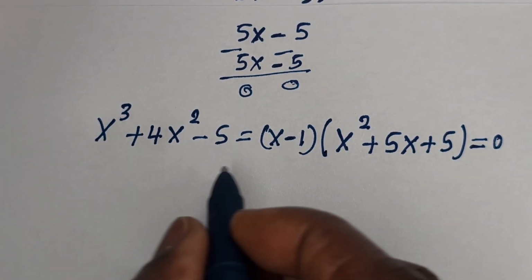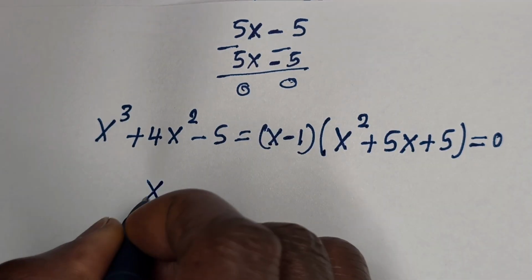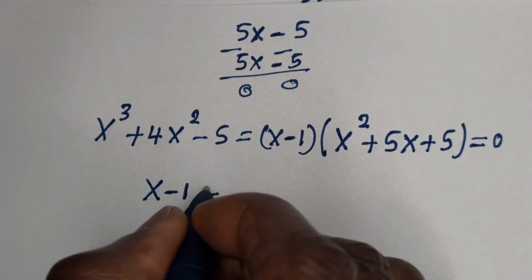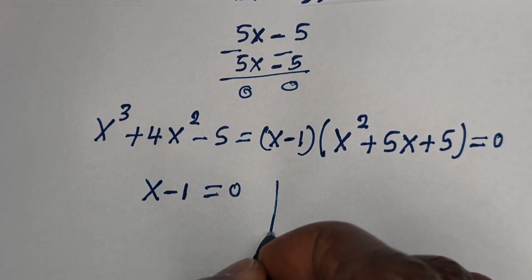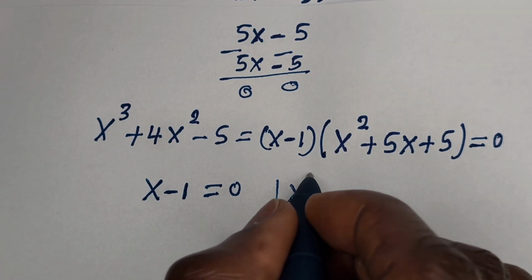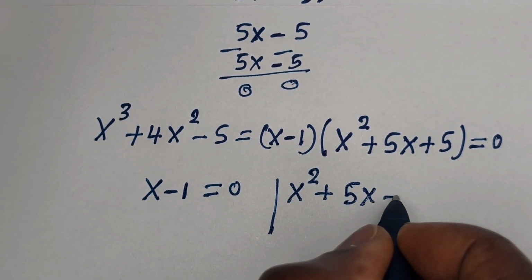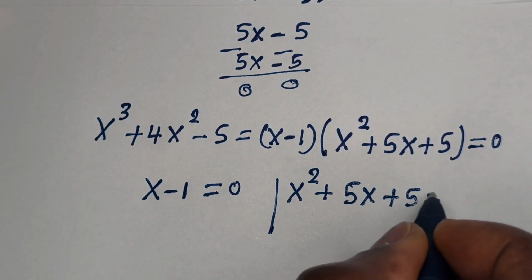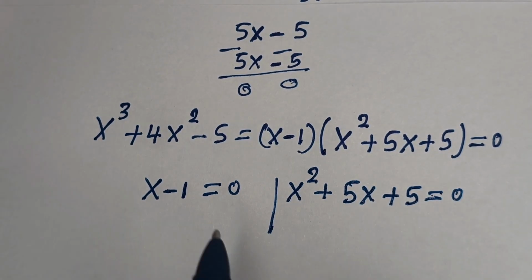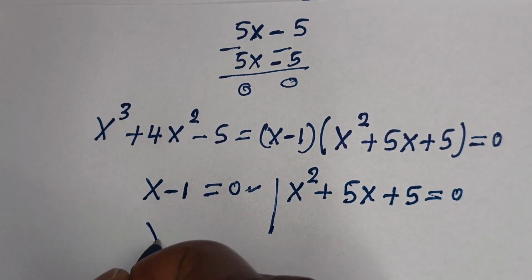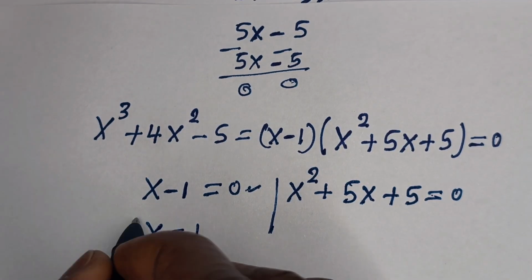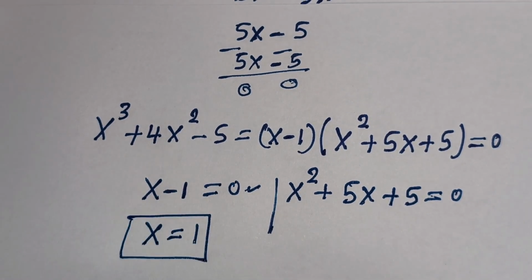Now there are two cases here. The first case is s minus 1 is equal to 0. The second case is s squared plus 5s plus 5 is equal to 0. Then from here, s is equal to 1. This is the first value of s.